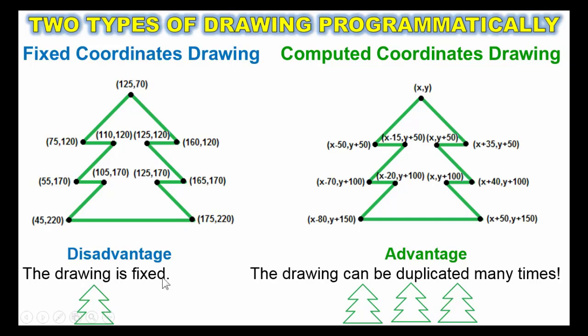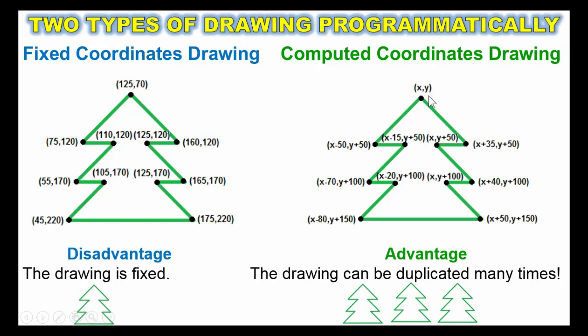On the other hand, the computed coordinates drawing, for example, the MOVETO command at coordinate x and y, which are variable x and variable y, you can supply any value to that x and y, and it is not fixed.